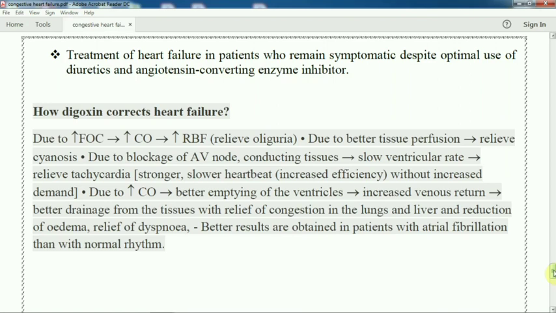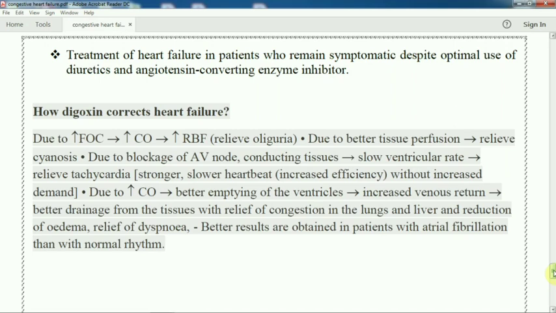Better results are obtained in patients with atrial fibrillation than with normal rhythm. So how does digoxin help in case of congestive heart failure? Due to increased cardiac output, the renal blood flow increases.